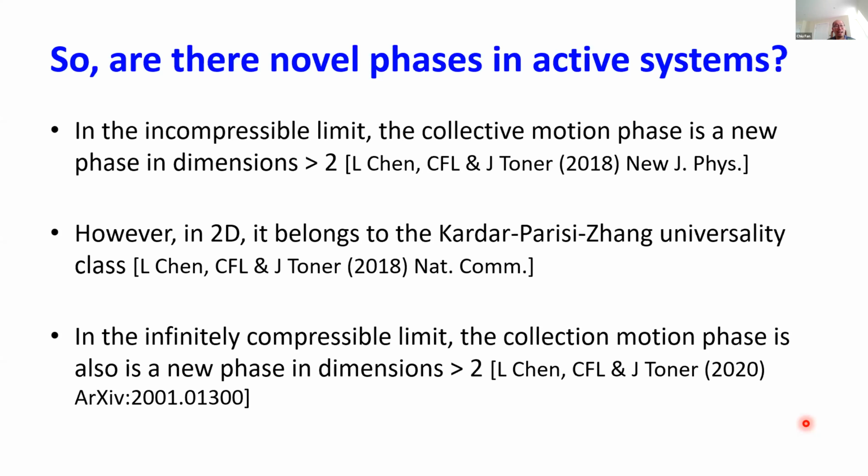And in this case, again, the collective motion phase is a new phase when the spatial dimension is higher than 2. So that echoes the title of the talk, novel phases in active systems.